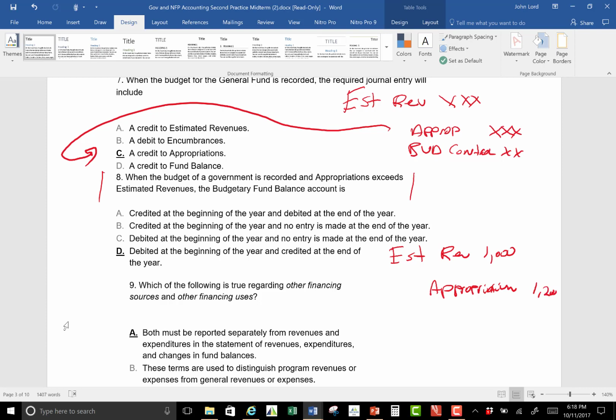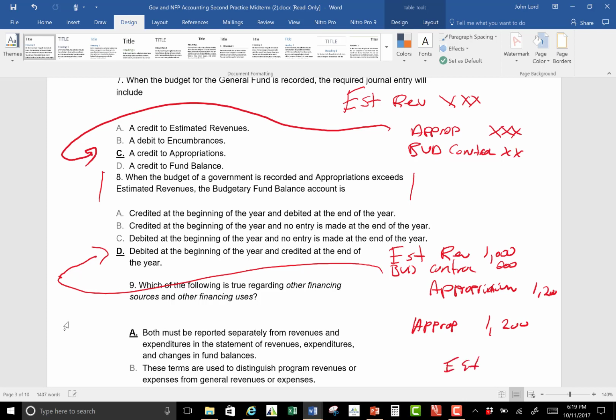Do I need a debit or a credit to make this journal entry balance? Good, debit. And so I'm going to debit what? Budgetary control here. So when I debit the budgetary control for the 200, is it correct that it is debited at the beginning of the year? And then when I go ahead and close that at the end of the year, what's my closing entry for my budgetary accounts? I just reverse everything, right? Debit my appropriation for 1,200, credit my estimated revenue for 1,000.